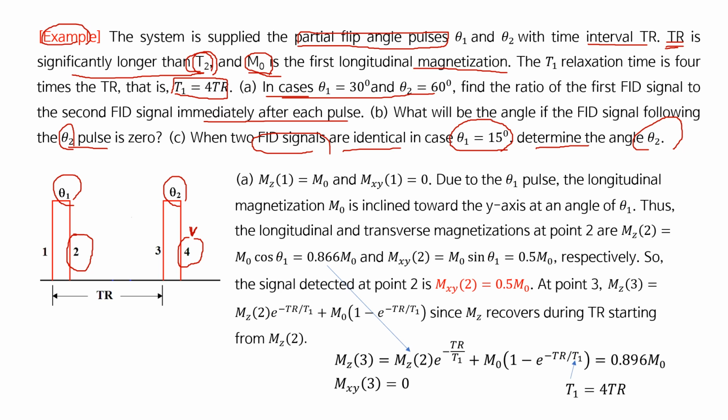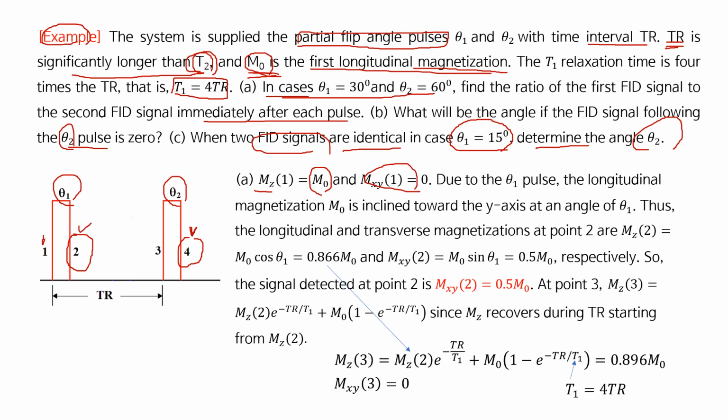Okay, so let's find the solution. At point 1, the initial longitudinal magnetization was M0, so at point 1, Mz is M0, and there is no transverse magnetization at point 1, so Mxy1 equals 0.